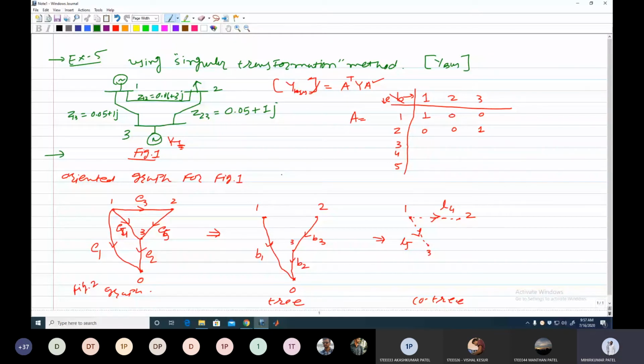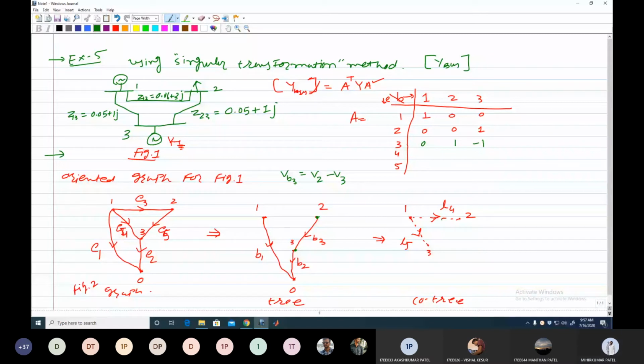What is the voltage equation? It is V2 minus V3. So the elements for this row are 0, 1, minus 1. Same way for L4.